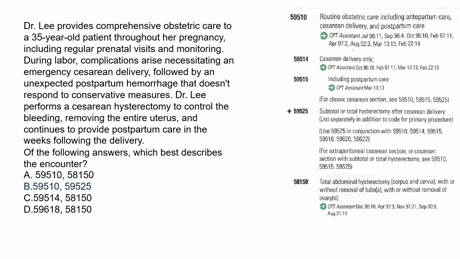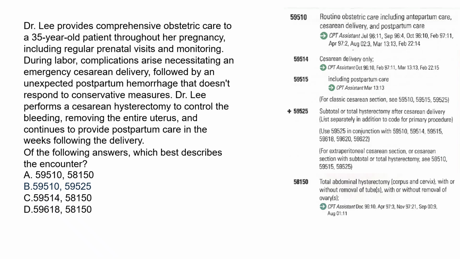So let us look at the code 59510, routine obstetric care including antepartum, cesarean delivery and postpartum care. So definitely that has happened because it is very clearly given here that regular prenatal visits, that is prior to birth, which is also called antepartum, then the cesarean delivery, and then the postpartum care also in the weeks following the delivery.